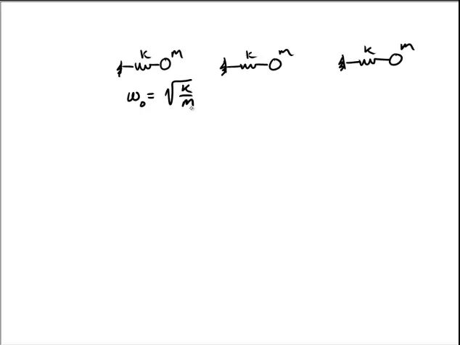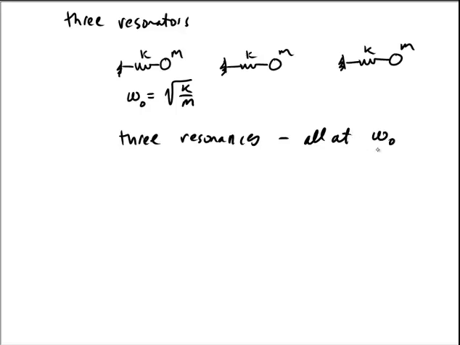These are 3 resonators, and they have 3 resonances, all at the same frequency, all at omega naught. These are called degenerate resonators, because their frequencies are identical.